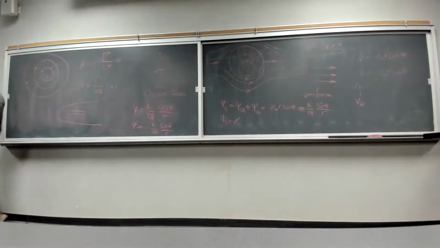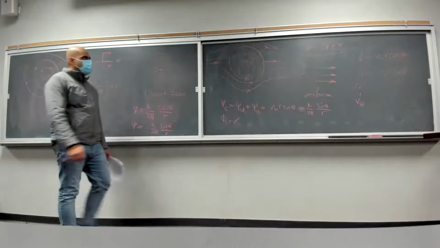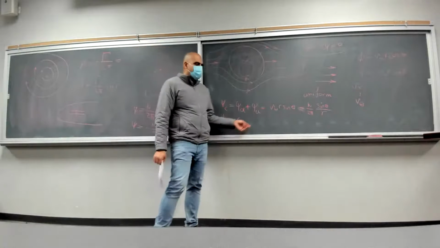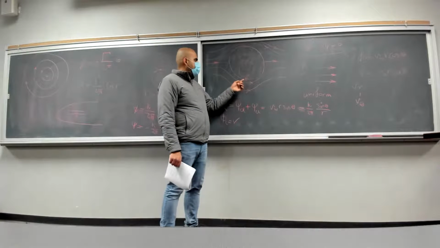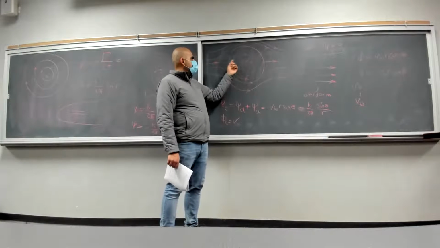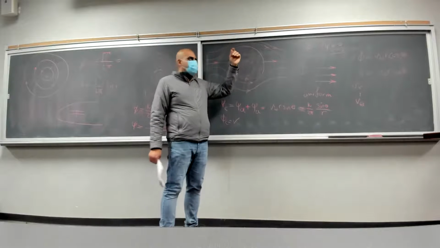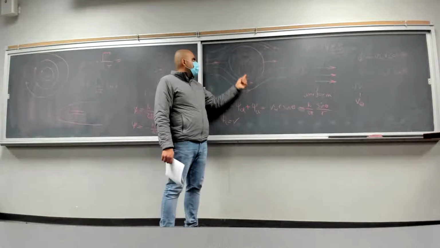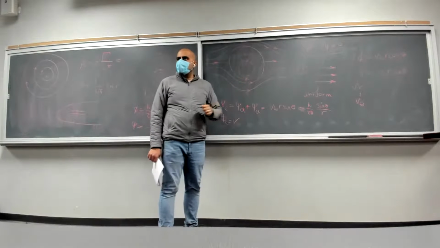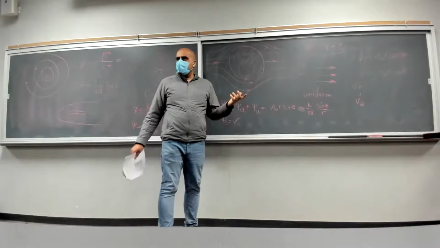The only thing you really need to know here is the strength of your kappa, which needs to be determined in a way that gives you zeros here, right? You have 4 boundaries essentially. 0 here, 2 V infinity here on the surface of the cylinder, right?